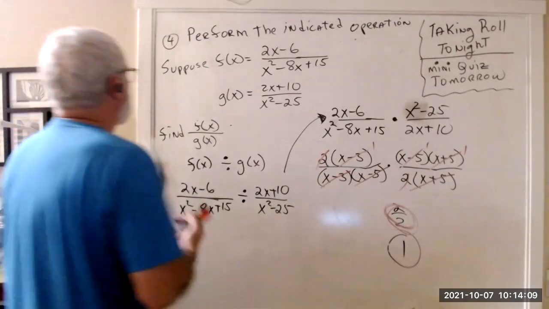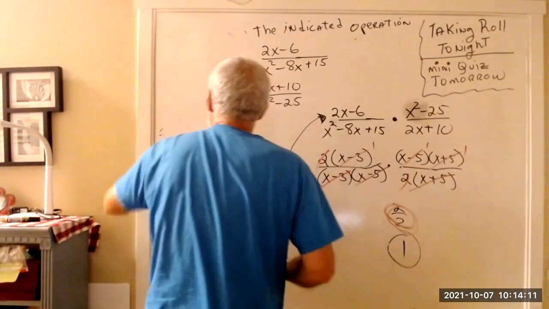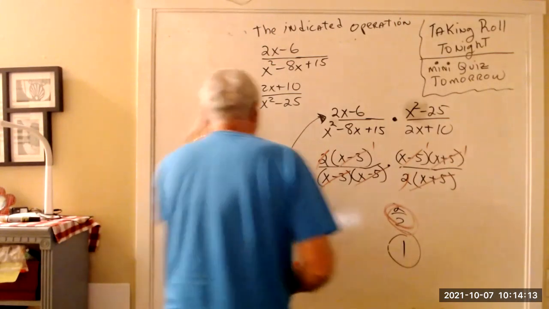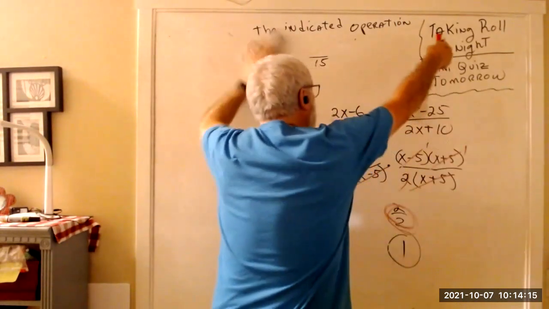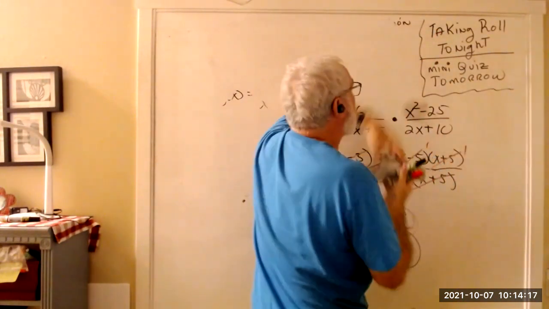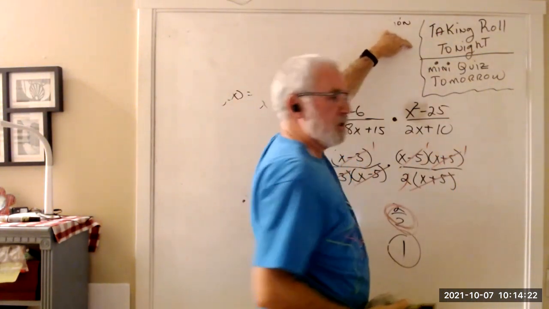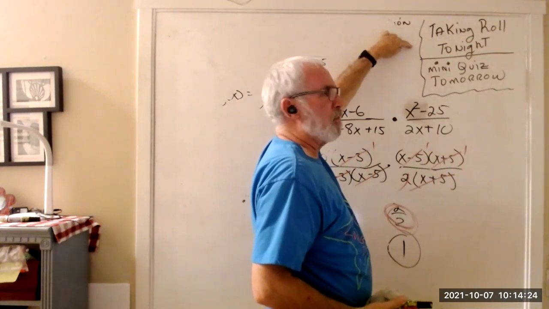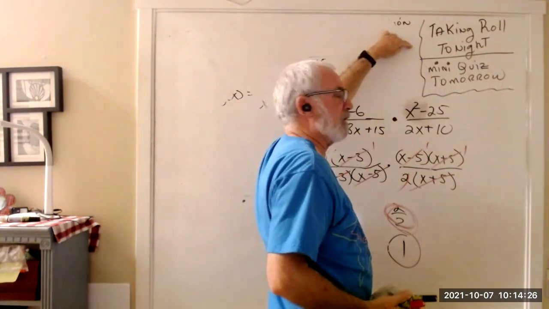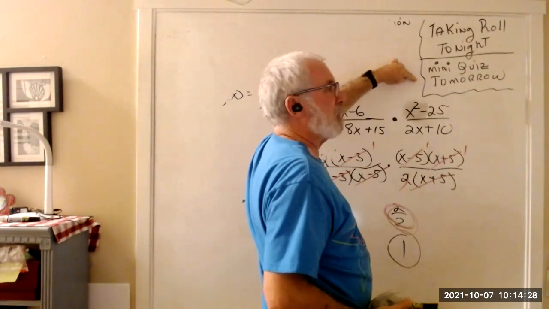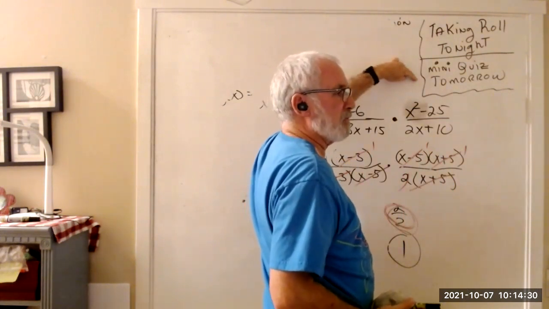All right, here we go. Couple things I'm going to erase over here. I am taking roll tonight, at the end of class or near the end of class. So Bach, this time I hope you're there when I'm in class. And tomorrow night we'll have a tiny quiz right at the end of class.